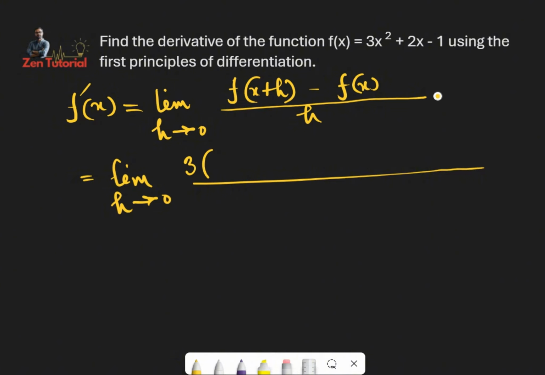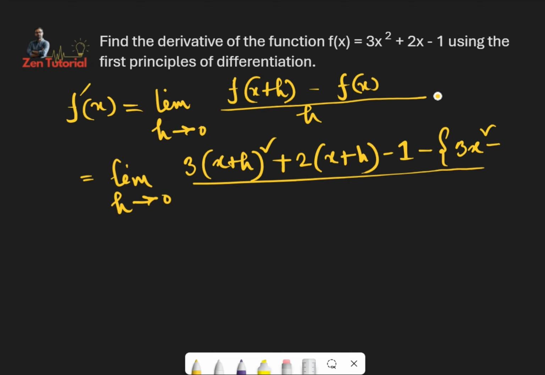So 3 times x plus h whole square, plus 2 times x plus h, and then minus 1, and minus, let's use the curly bracket, f of x, which is 3x squared plus 2x minus 1. Limit h tends to 0.